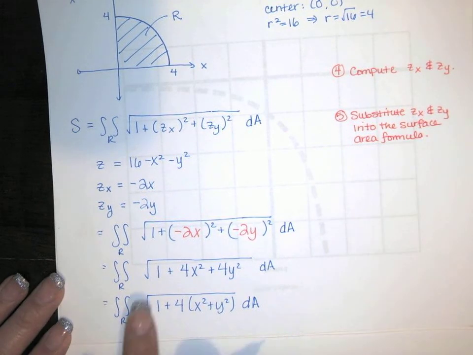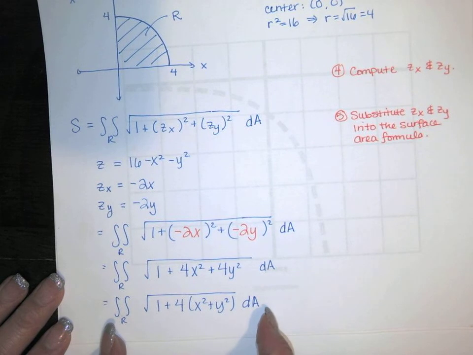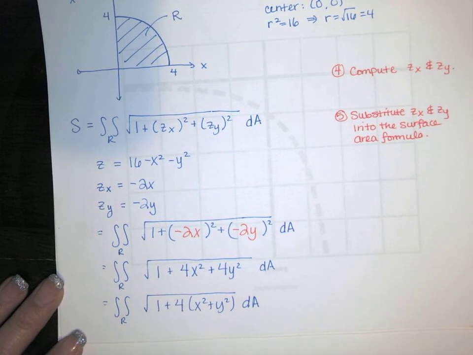And now, because of the region R, we will write this double integral in polar coordinates and evaluate it. Think about how you would have to evaluate that without polar coordinates.